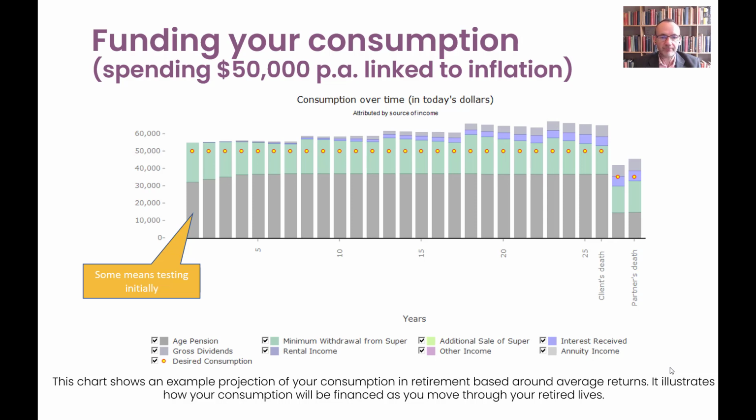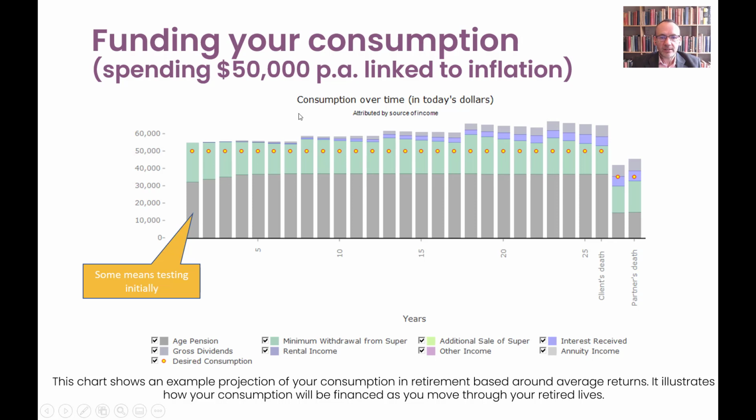The grey area is showing their age pension income, which initially is subject to a little bit of means testing, but over time looks like they get the full age pension. The green line is showing how much they draw from superannuation, drawing the account-based pension minimums. And the yellow dots are showing their target spending level, or their budget, in this scenario.